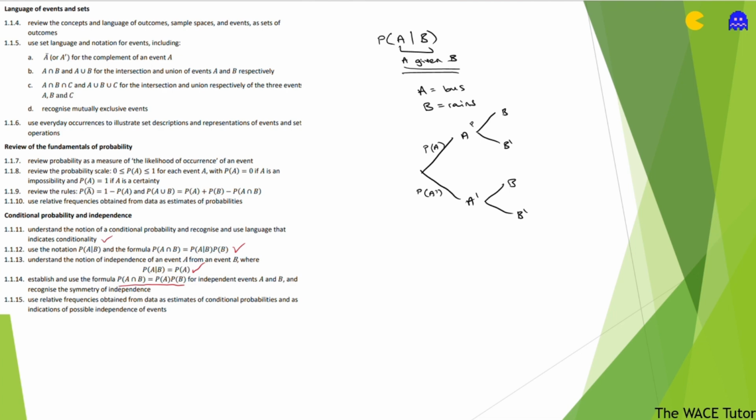This bit here represents where B occurs given that A has already occurred. And this represents B complement given that A has occurred. This represents B given A complement has occurred, and this represents the probability of B complement given A complement has occurred.